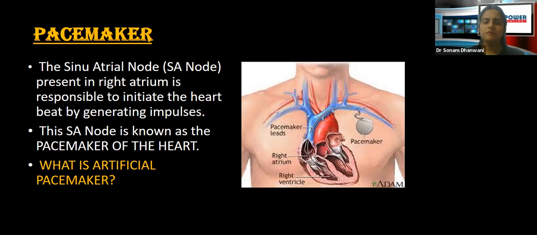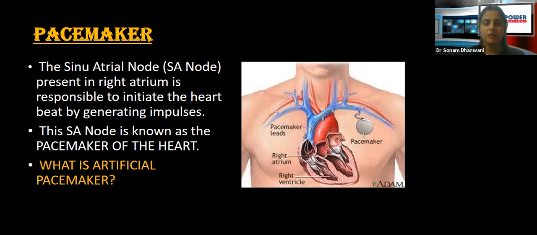All right. Now, what is an artificial pacemaker? What happens is, in people with heart conditions, those who have had surgeries, who have many heart-related conditions, or some systemic illnesses, their SA node is not functional. So how will their heart work? Right now, the main function of the SA node is to generate and maintain impulses.